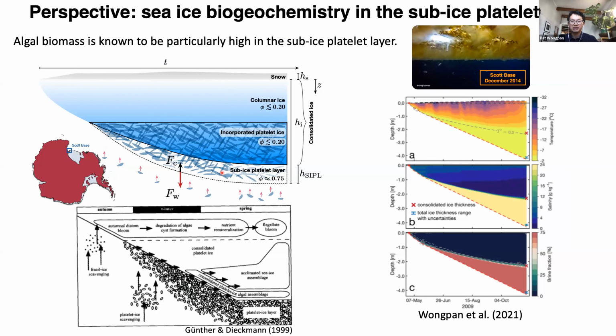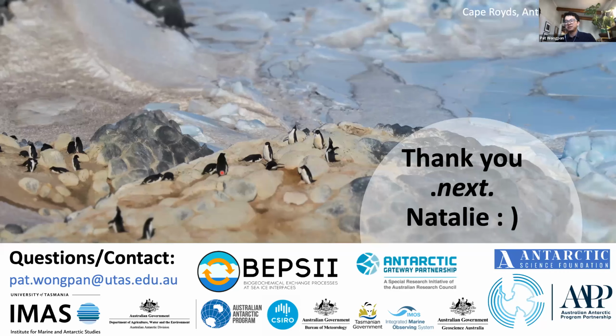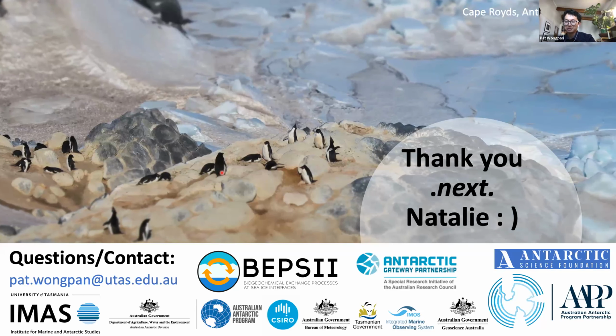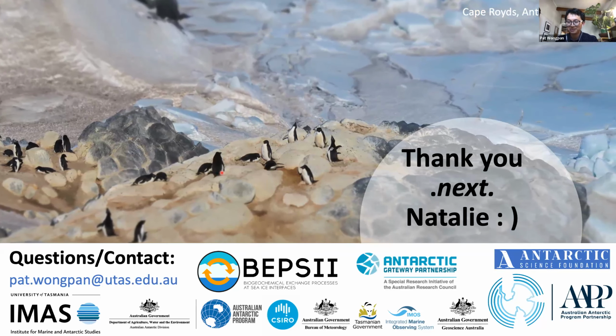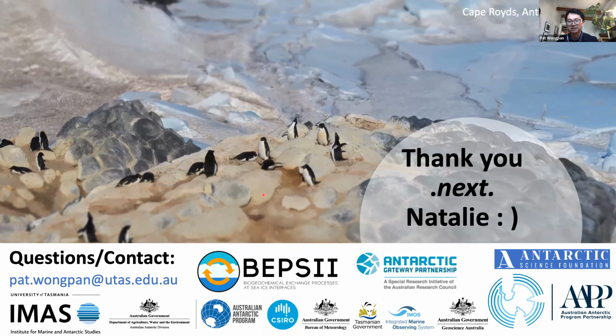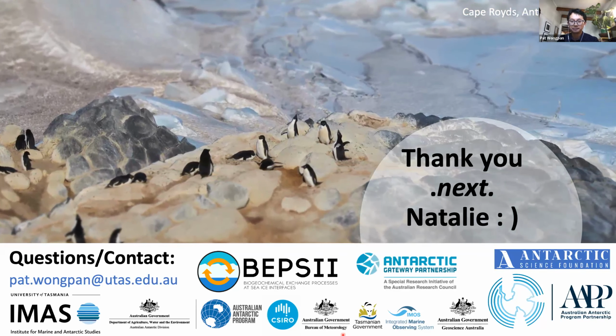And that is a result of not a change in temperature or salinity of the water itself, but of the pressure affecting the local freezing point. And so that gives rise to these layers of platelet ice.